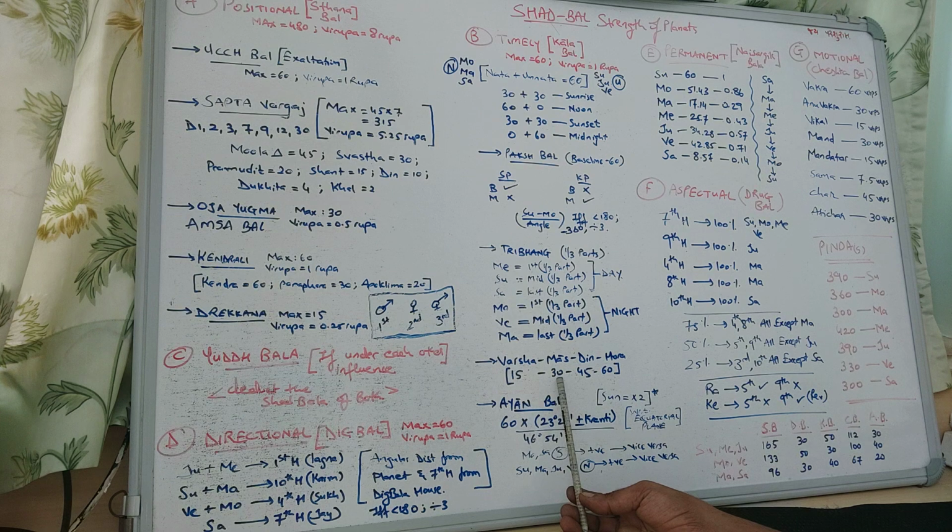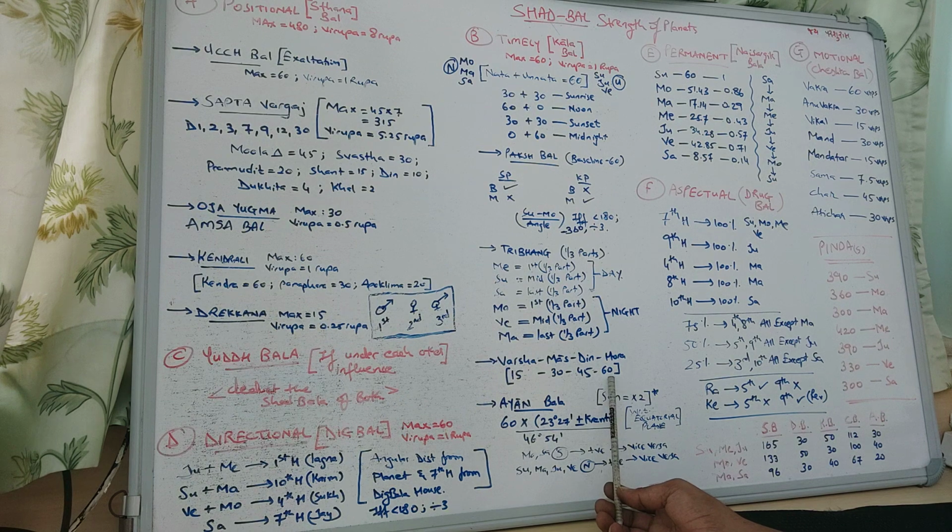Then the dispositor of your Sun gets 30 marks. The day Lord of the day you are born gets 45 marks. And the Hora Lord of the Hora in which you are born gets 60 marks. What this Hora is and everything I have explained in Panchang.